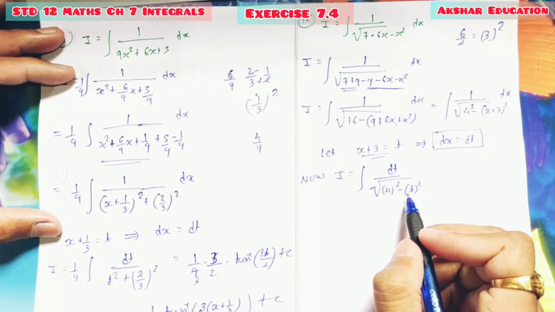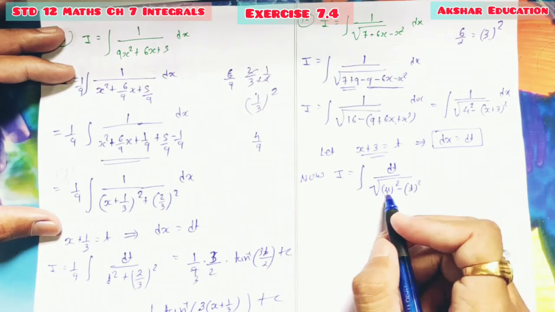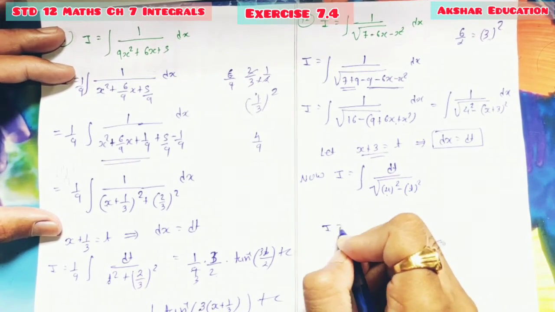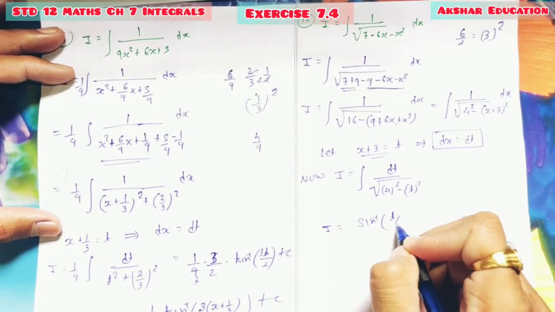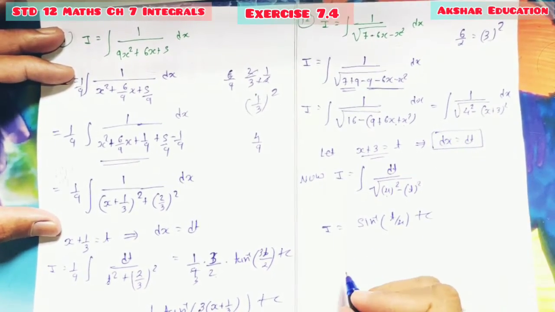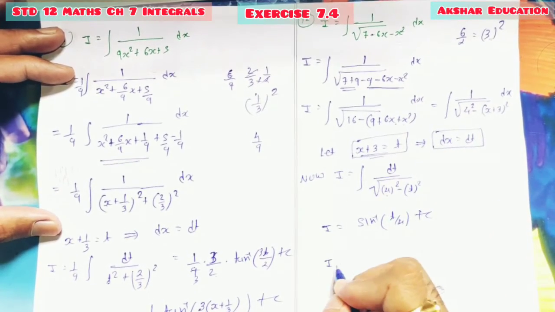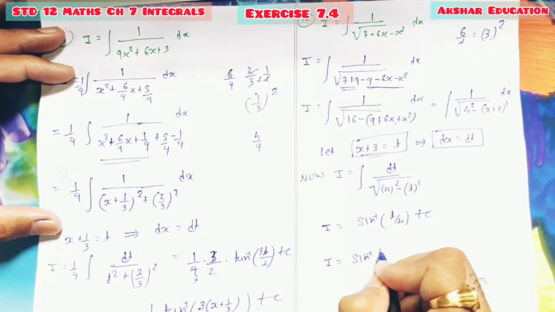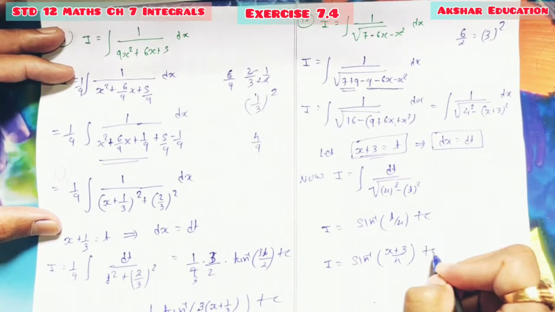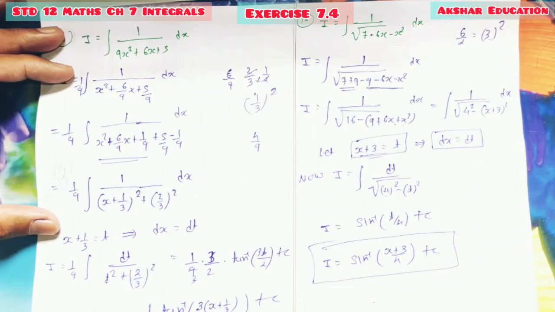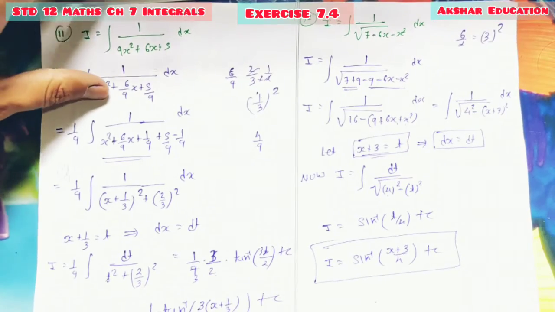This is the square root of a square minus t square formula, so it's sine inverse t by 4. So integration I is sine inverse x by a, this is t by 4 plus c. What is our t? t is x plus 3. So integration I is sine inverse (x plus 3 by 4) plus c. Clear? So this is how you can solve your question number 12.